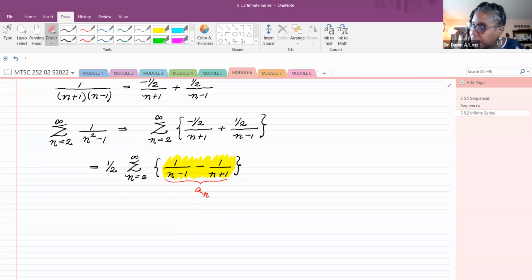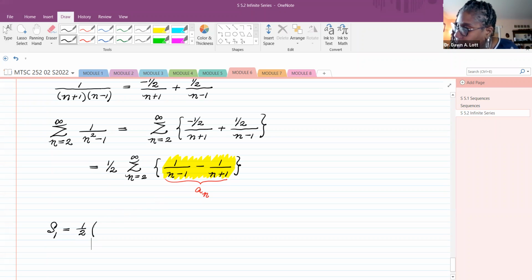Okay, so therefore our first nth partial sum is 1/2 times, when we put in n equals 2, we're going to get 1 over 1 minus 1 over 3. Good, that's right.